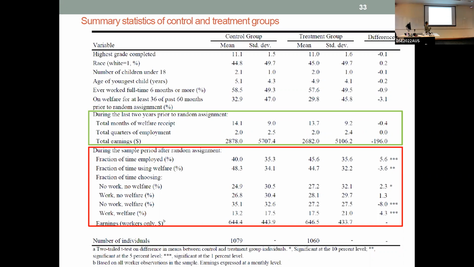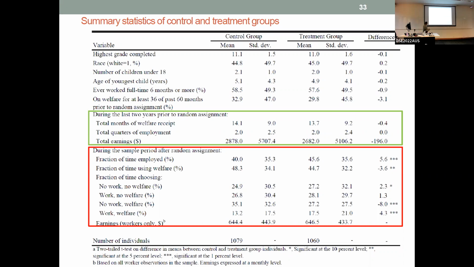If you look at total months of welfare receipt during the last 2 years prior to random assignment, there's not much difference between the treatment and control groups. So those seem to be okay in terms of the experimental design.